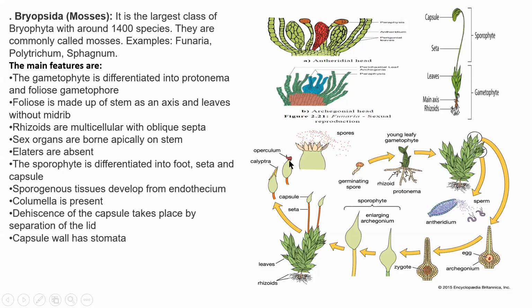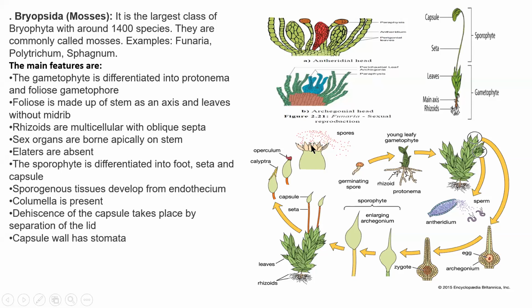The capsule is closed with a lid called operculum, and you also have a covering called calyptra. The opening of the capsule has teeth-like projections on the boundary, called peristome. You have studied this when you had Funaria in your undergraduate studies.